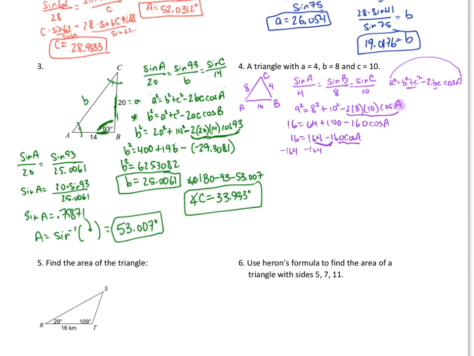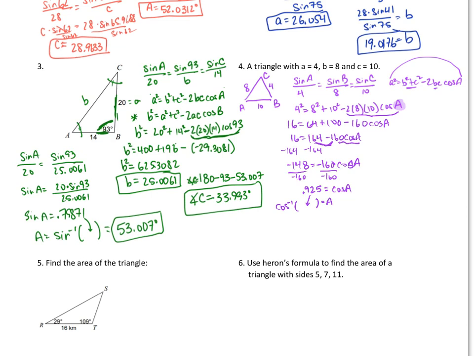So 16 minus the 164 will give you negative 148 equals negative 160 cosine A. At this point, we're going to divide, because this is multiplying by cosine of A. I will divide by negative 160 on each side, and I will get 0.925 equals cosine A. Well, how do I solve for A? I need to use the inverse cosine. So the inverse cosine of 0.925 is my answer.